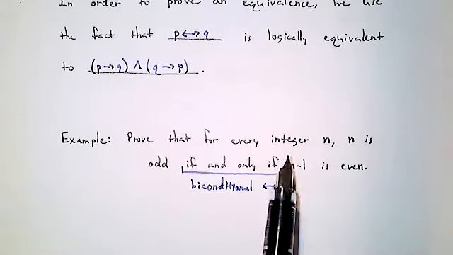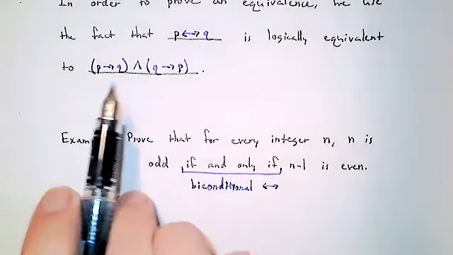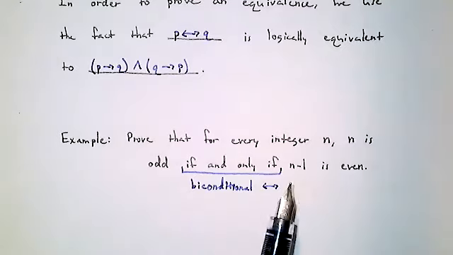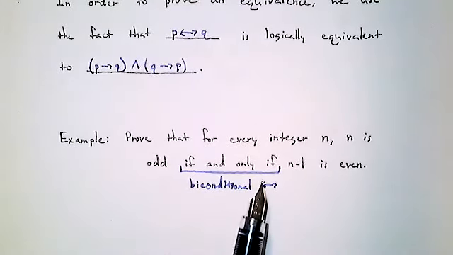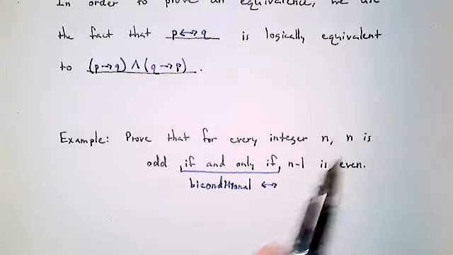So instead of trying to prove this all at once, we're going to prove two conditional statements. We're going to say if n is odd, then n minus 1 is even. And then we're going to flip it around and try to prove if n minus 1 is even, then n is odd.